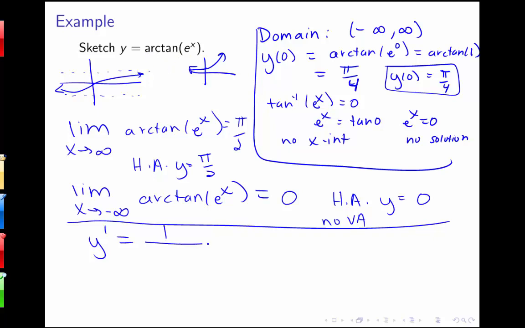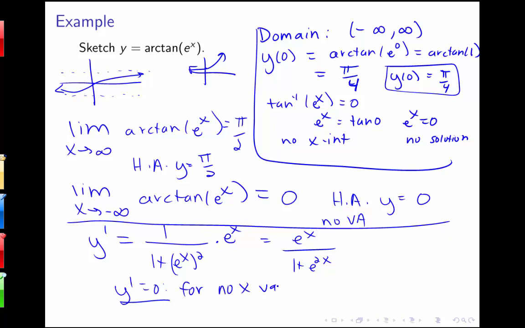So we're going to have 1 over 1 plus e to the x squared times e to the x. So we have e to the x over 1 plus e to the 2x. And we have to determine where that's equal to 0. But that would be where the numerator is 0, but e to the x is never 0. So y prime equals 0 for no x values.